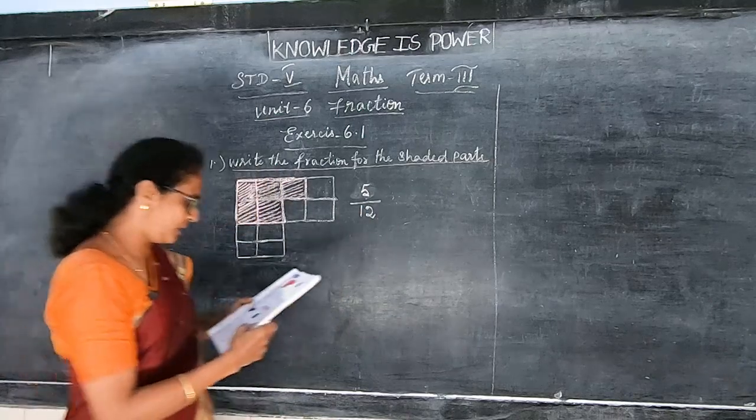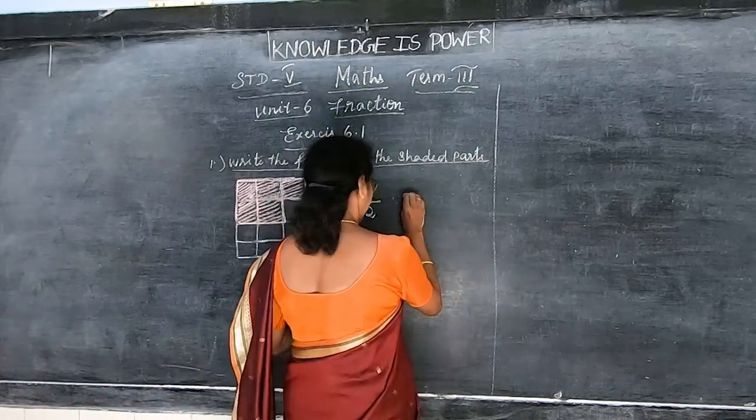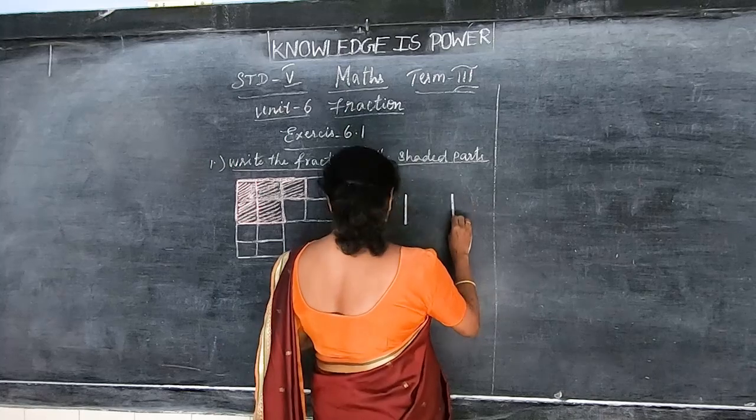This is the shaded part. Then we are given the hexagon like this.